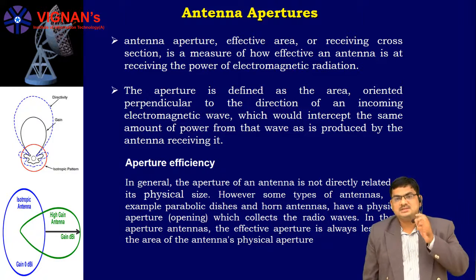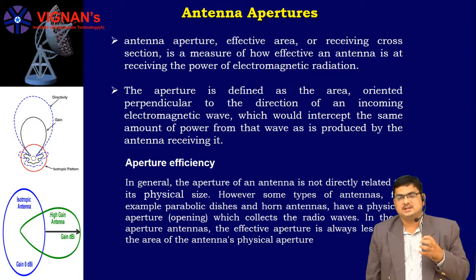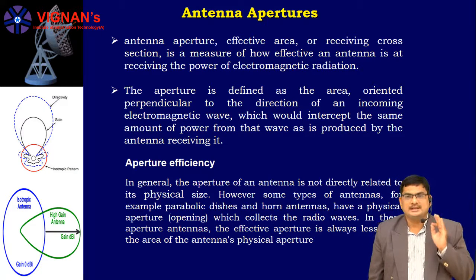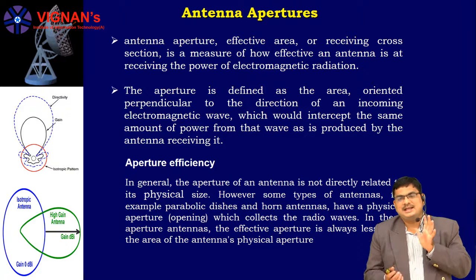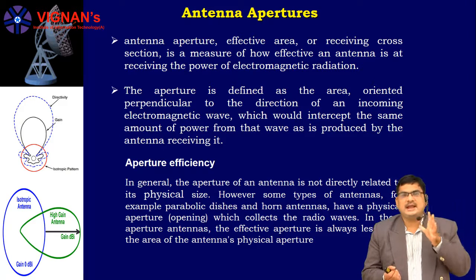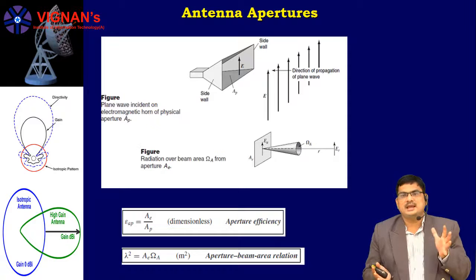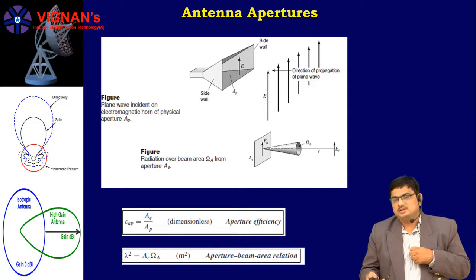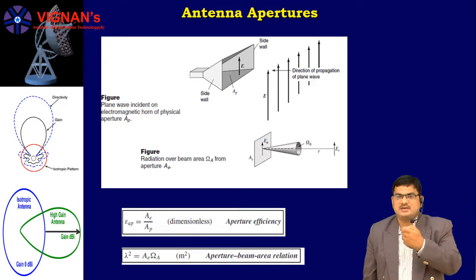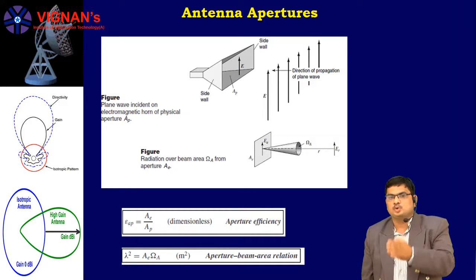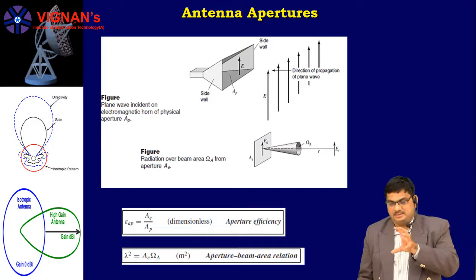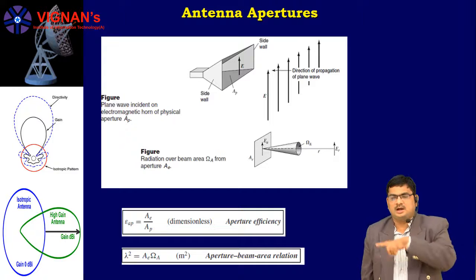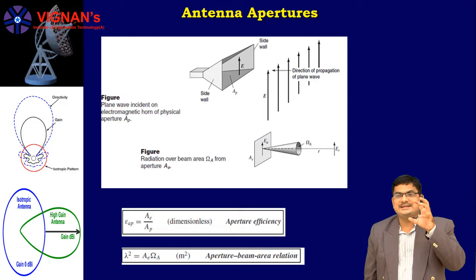In this diagram, for example, we are using a receiving antenna, a horn antenna. At the antenna side, the face is very wide, like an aperture, like a horn structure. There the direction of propagation is perpendicular to the electric field. The open face is called the antenna aperture.